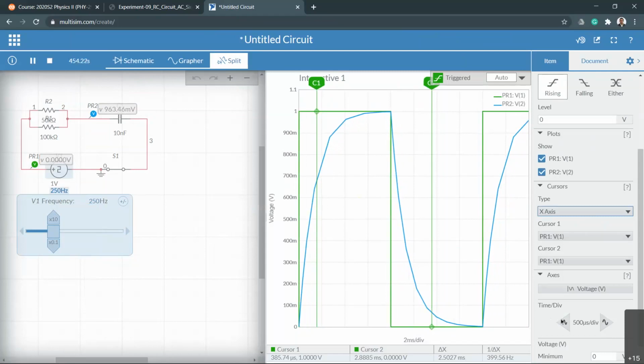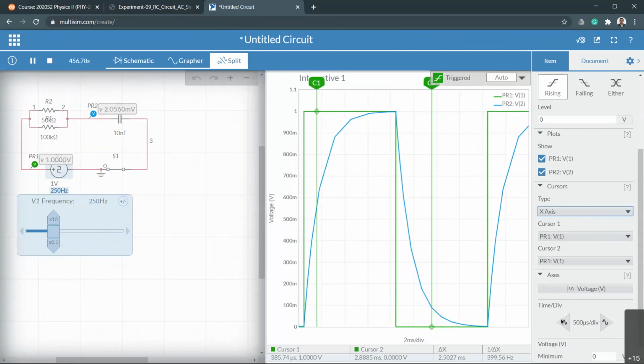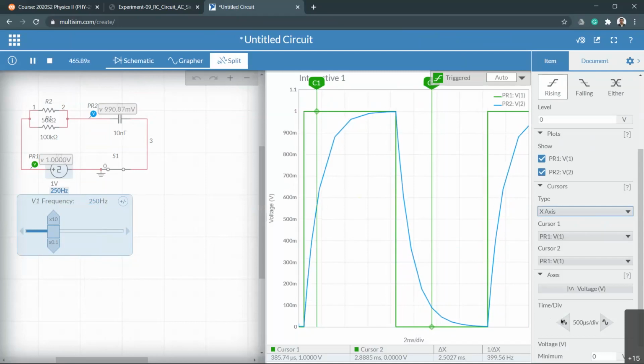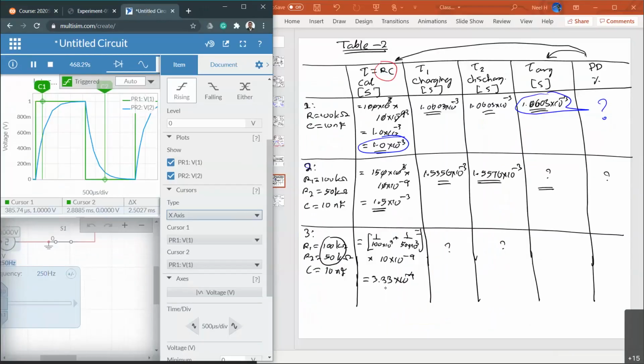You have to change that into seconds by multiplying by 10 to the negative 6 to get the right answer, and then compare that with the calculated value. The calculated value I'm expecting is 3.33. Now in your measurement you're getting 3.85. That's okay, you will get some error. That error is totally fine.